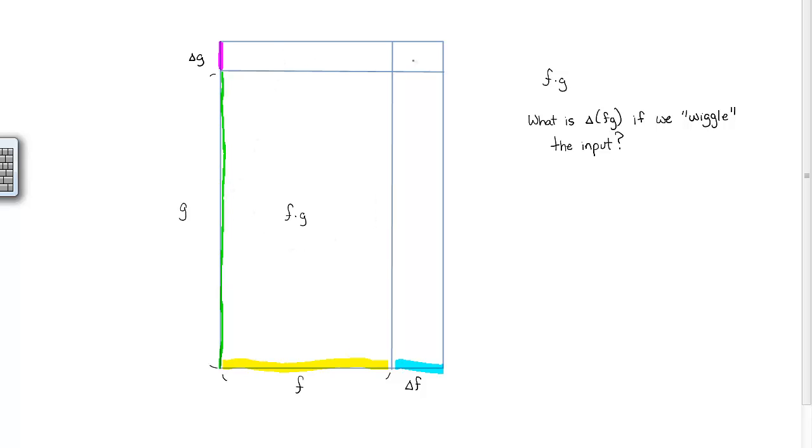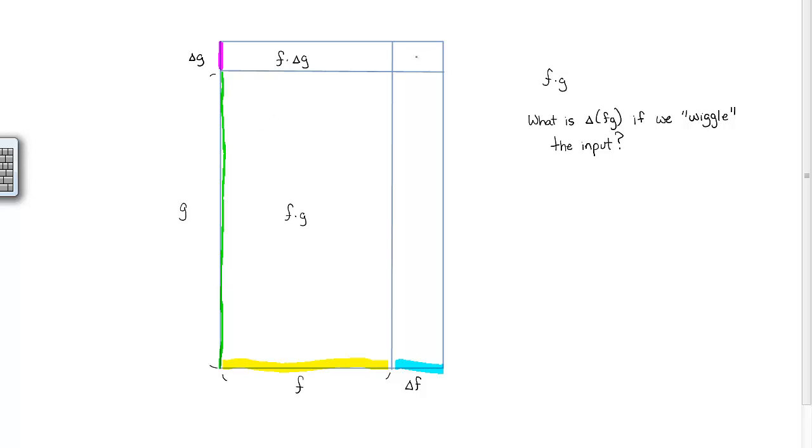Well, I see that we added on 3 different areas, not 2, but 3 different areas. Going from the upper left-hand corner, this area right here with the purple edge on it is length f times height delta g. So a little wiggle in g times f. That's the area of that little block.